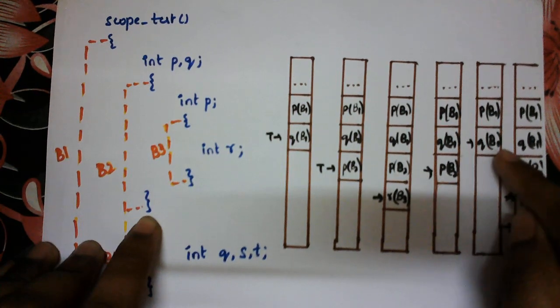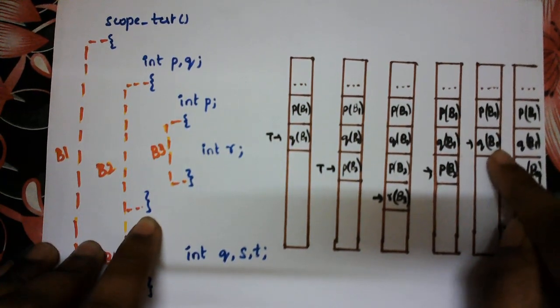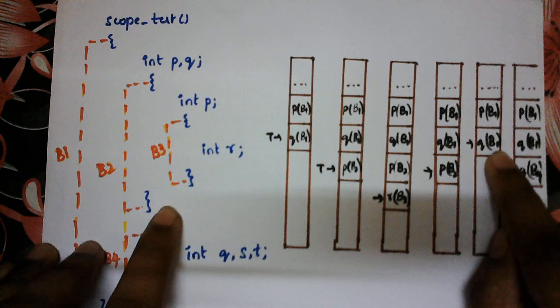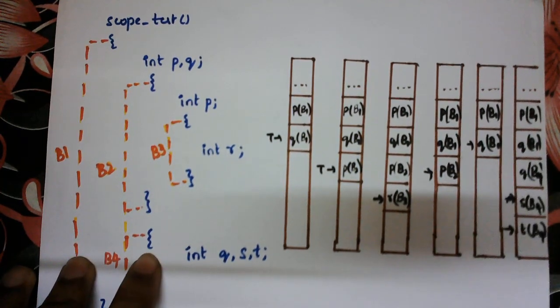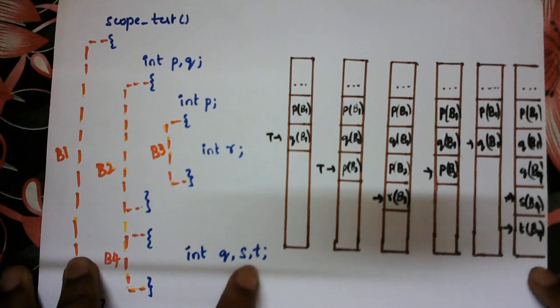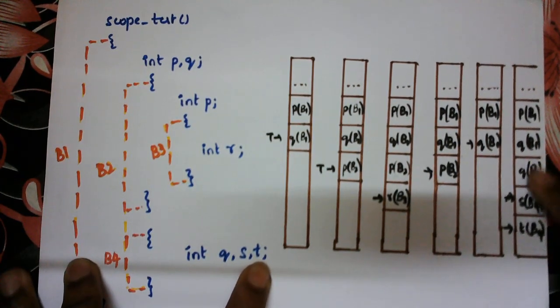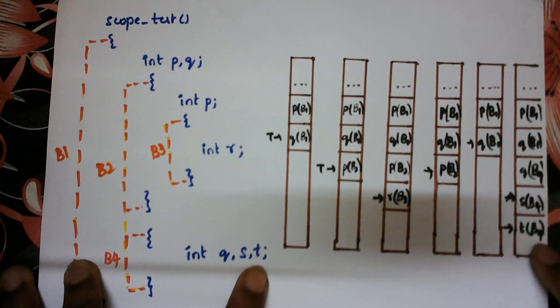That means we can access Q of B1 right now when we are here. In the same way, when we open the brace for block 4, we push Q of B4, S of B4 and T of B4 onto the stack. Now as T of B4 is the top of the stack, we can access them.